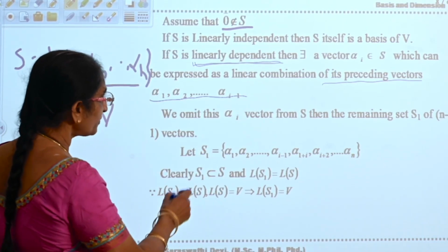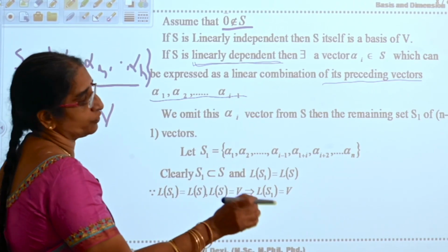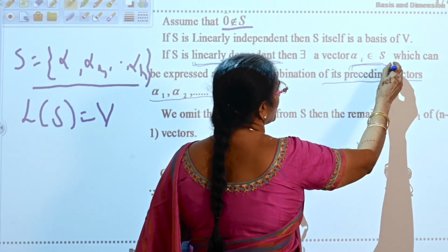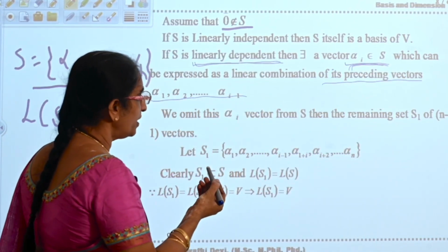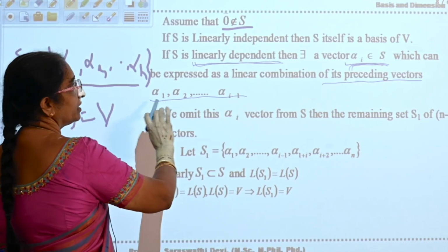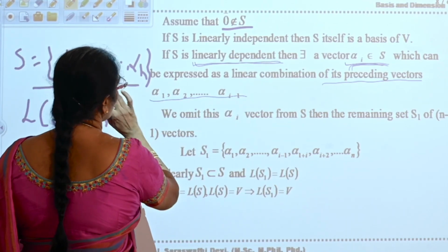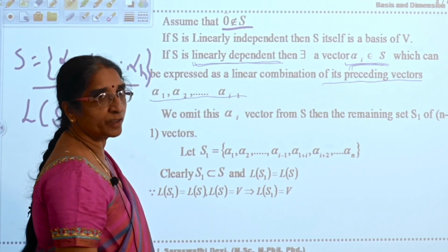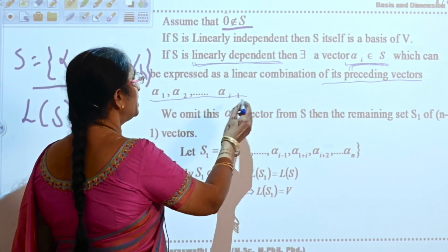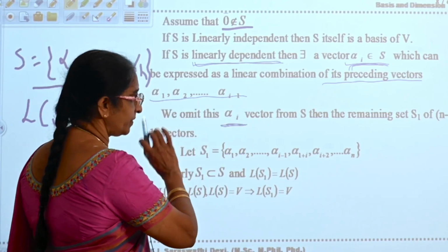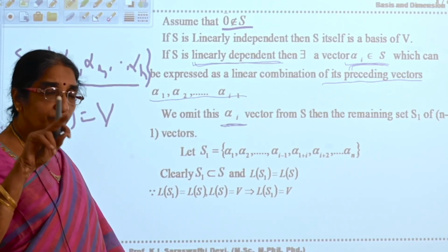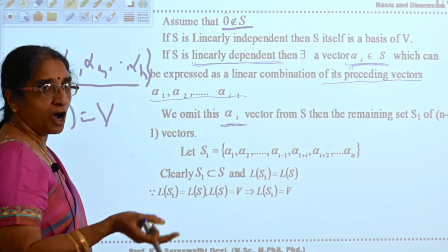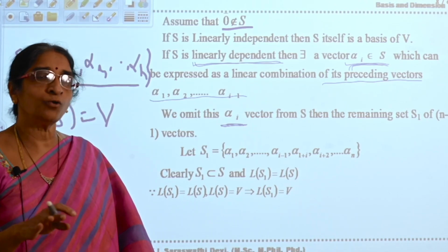Now let alpha i be such a vector. If alpha i belongs to S, it can be expressed as a linear combination of its preceding vectors, which are alpha 1, alpha 2, and so on up to alpha i minus 1. Now you eliminate this alpha i from S and call the remaining set S1. S contains n elements, and out of n elements you are taking out one element.